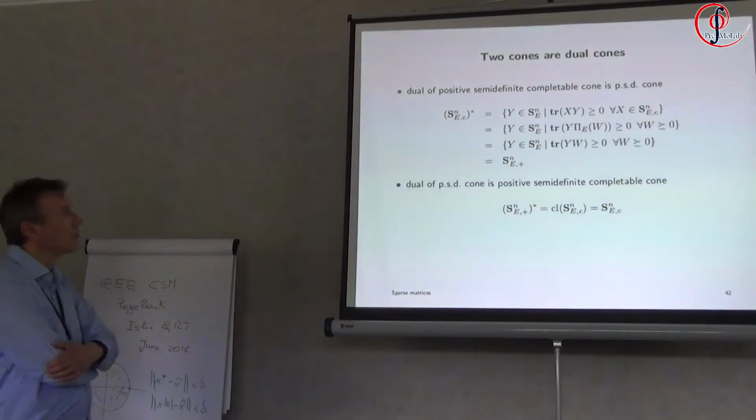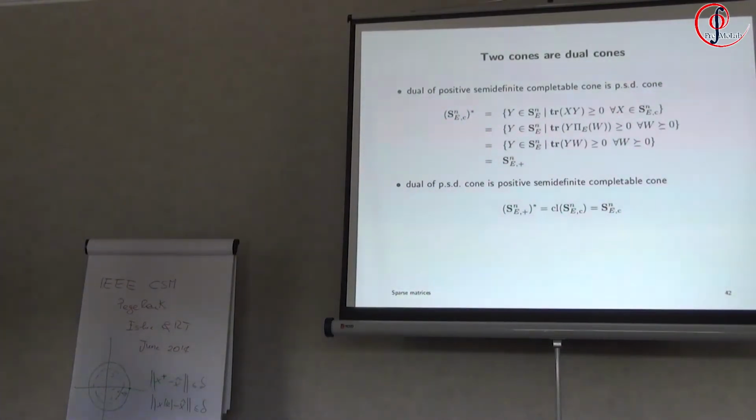There are also dual cones, and that's also a simple exercise. If you start with the dual of a positive semi-definite completable cone, that's by definition all matrices that make a non-negative inner product with all matrices in the positive semi-definite completable cone. These matrices in the completable cone are projections of positive semi-definite matrices.